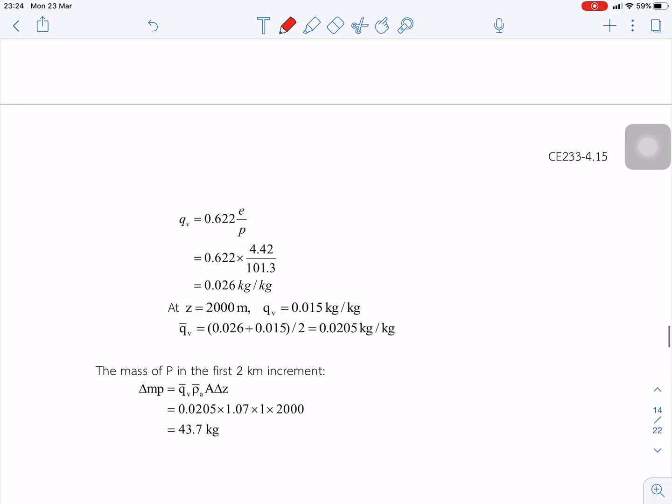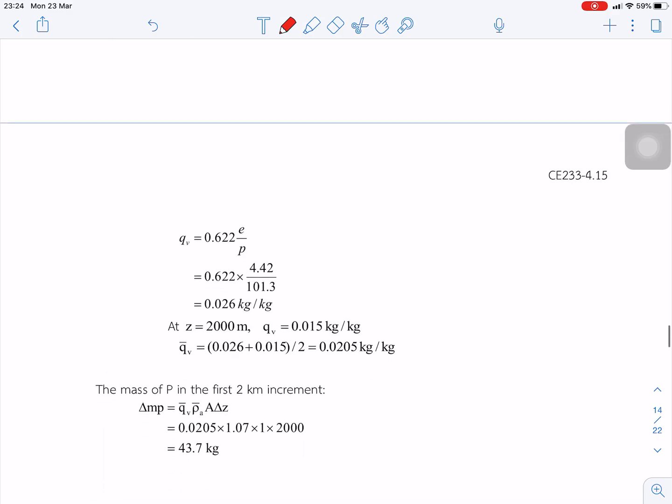And we can estimate the specific humidity at the surface is about 0.026. At 2 kilometers, the specific humidity is about 0.015.